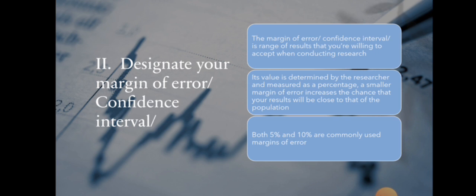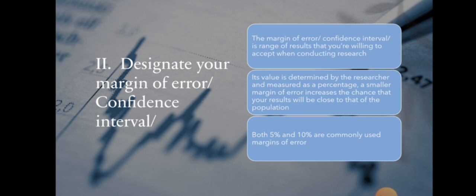Its value is determined by the researcher or from literature and measured as a percentage, from 0.05 up to 10%. A smaller margin of error increases the chance that our result will be close to that of the population.